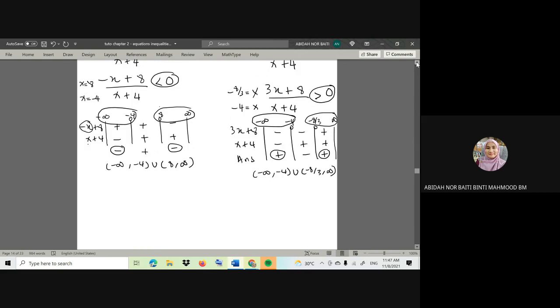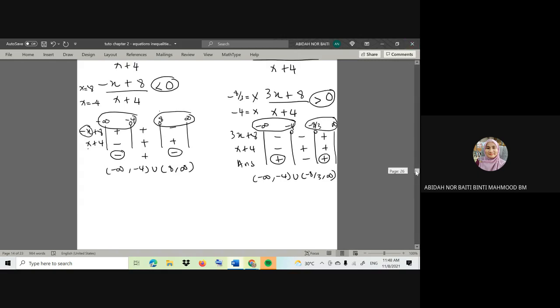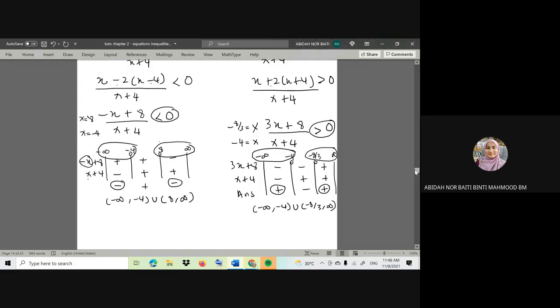Dekat satu number line. Ini nombor berapa ya? Betul ke tu? Ada salah kira kat mana ke? 1 minus 2.